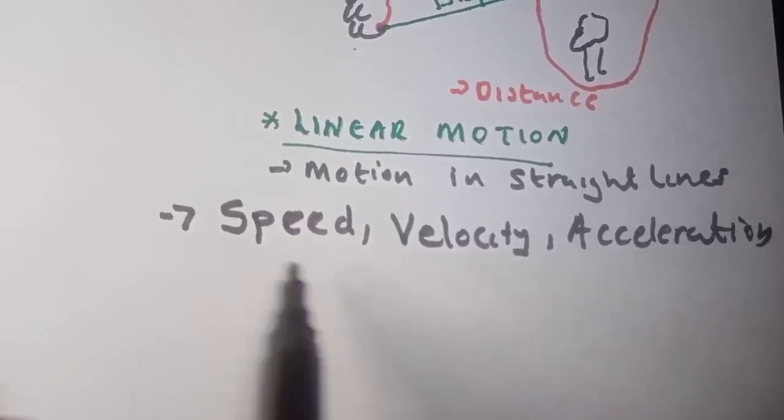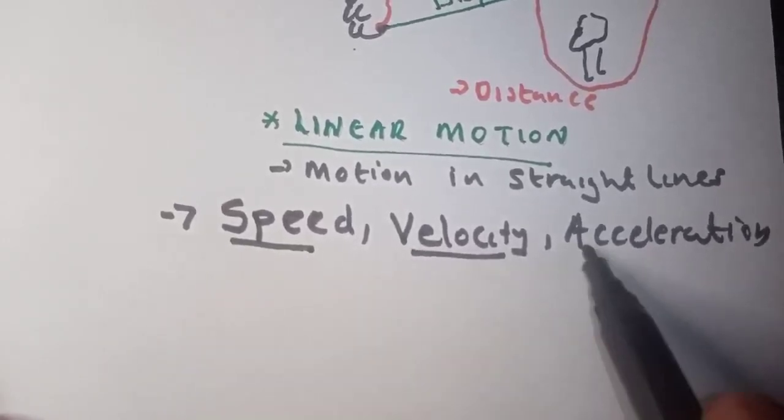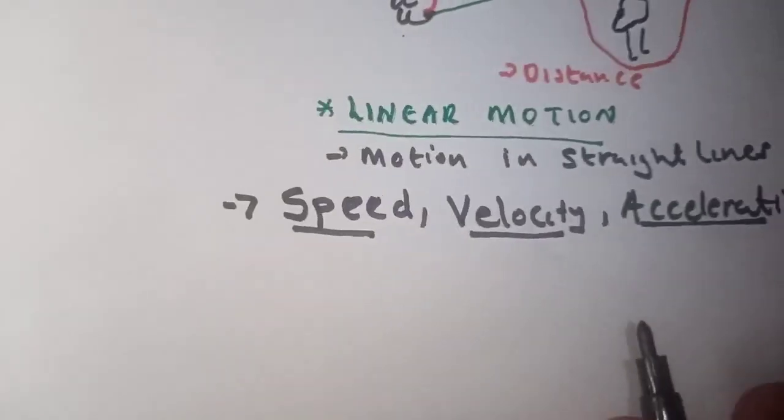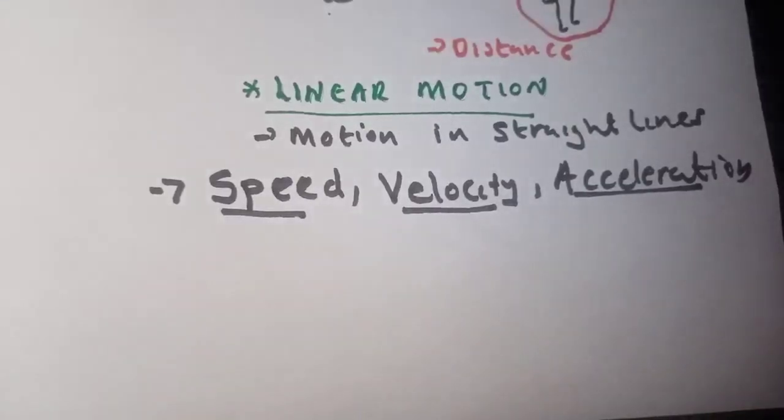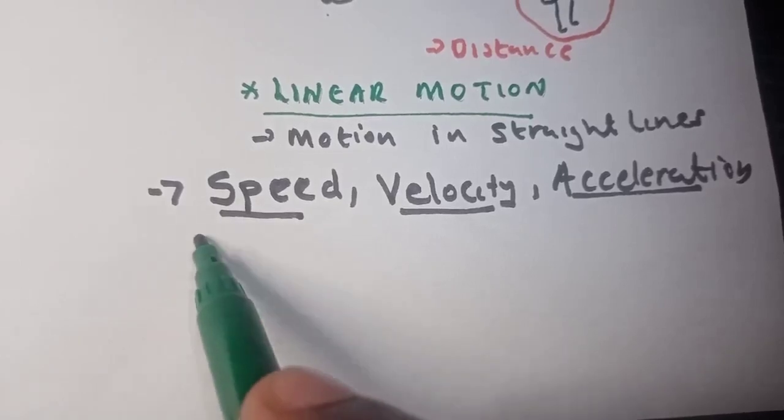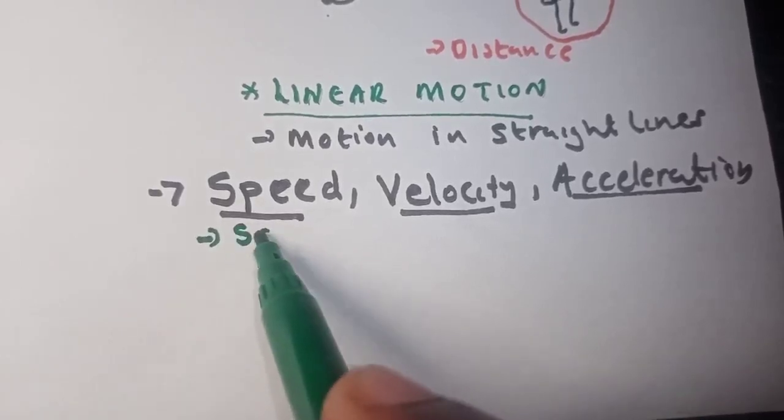And these three are linked together, together with the distance and the displacement. Okay, so again, the difference here: speed is a scalar quantity.